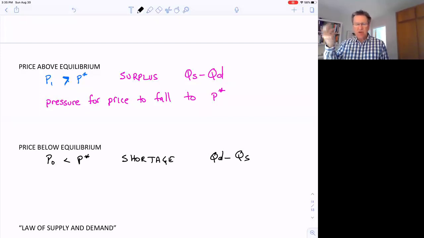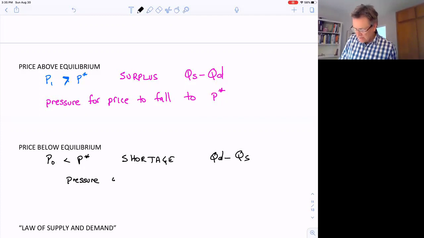And there's some pressure on prices to rise. If sellers find that they can sell everything they produce, and there's people that want to buy more, they can raise their prices and still sell everything. So why not? So there's pressure for price to rise.